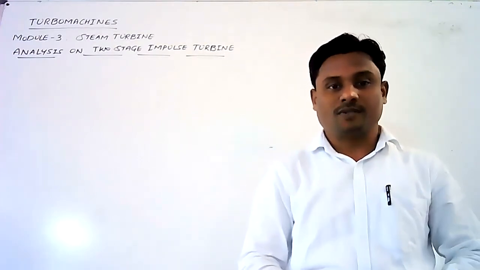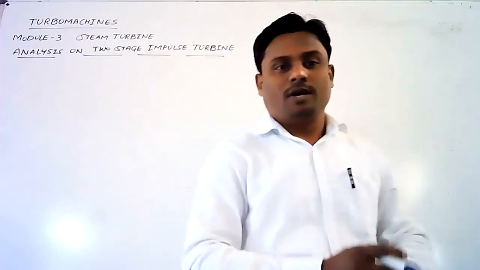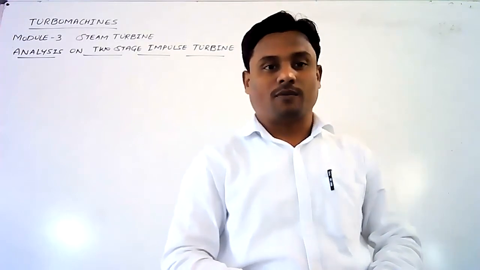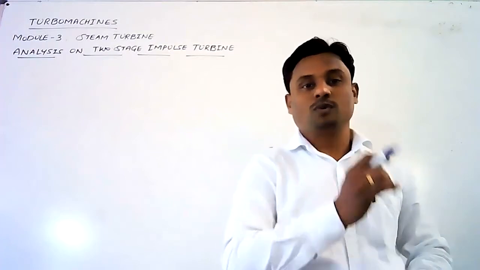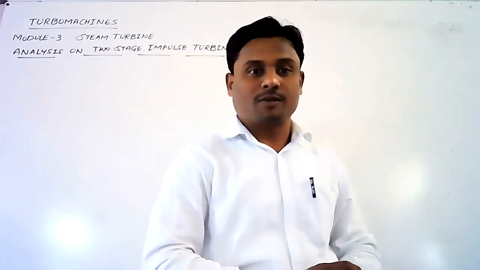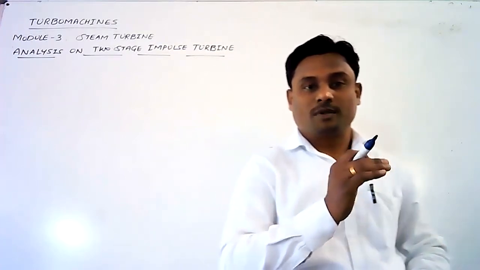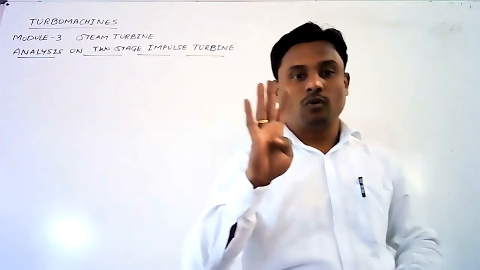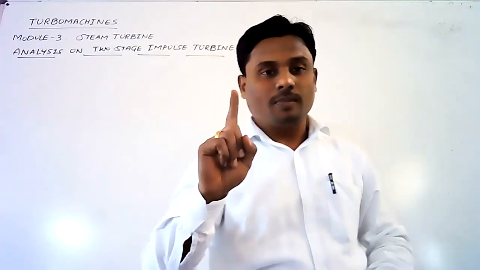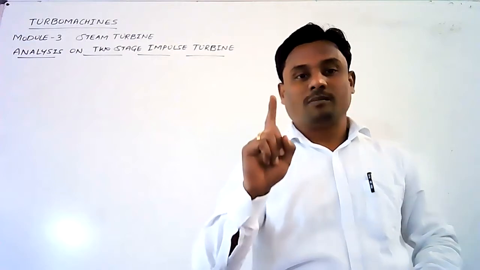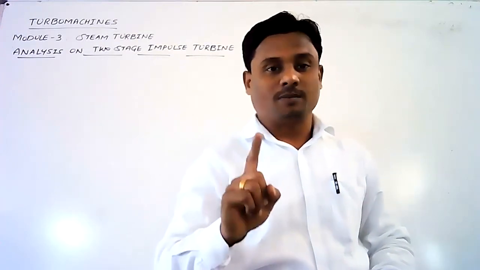In the next video lecture we will see the important derivation from your examination point of view, that is the condition for maximum blade efficiency of a two-stage impulse turbine. So remember students, in this module number 3, steam turbines, there are 4 expected theory questions. The first is the condition for maximum blade efficiency of a single stage impulse turbine.